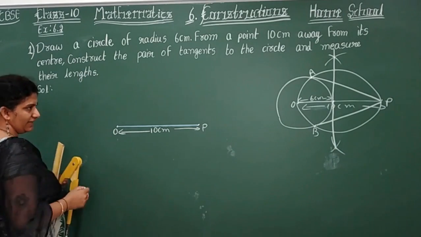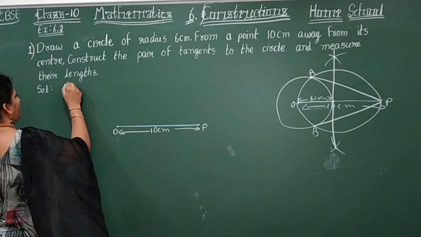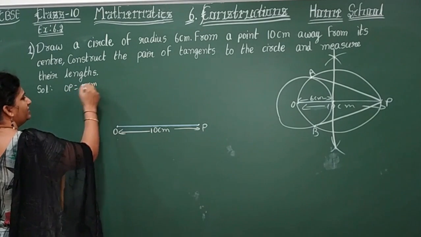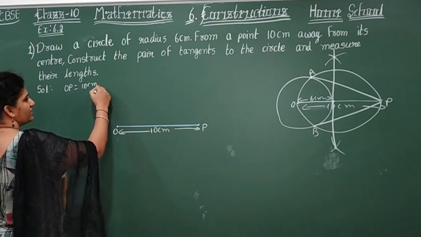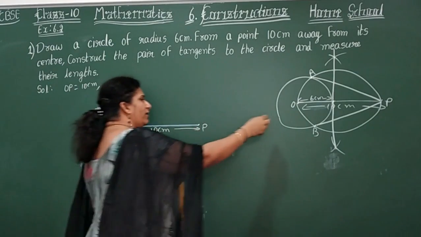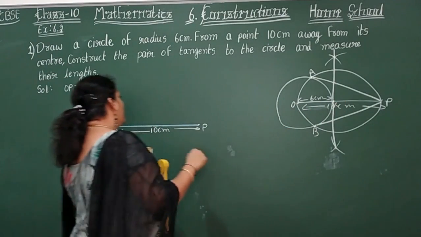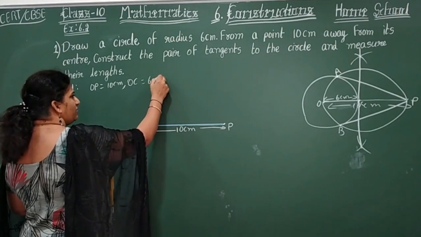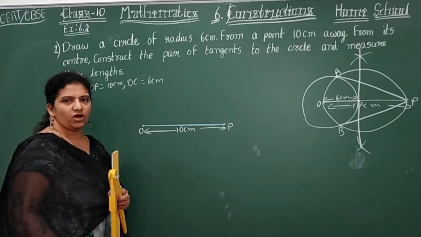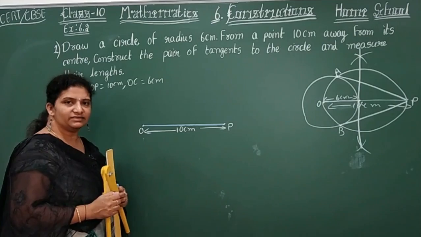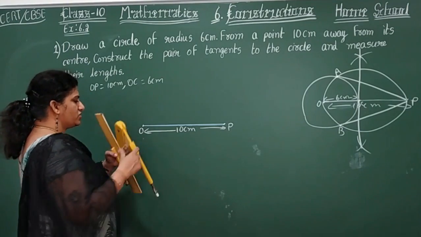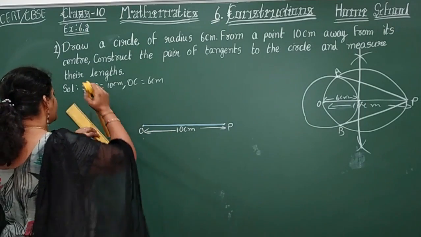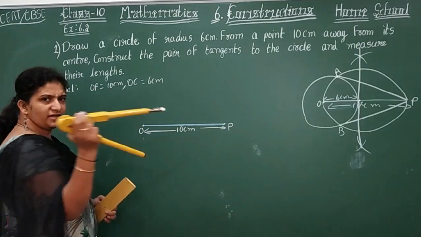Assume O is the center of a circle and OP is equal to 10 centimeters, and the radius of the circle. If you want, you can mark one more letter here. Radius of the circle OC is equal to 6 centimeters, you can say. Okay, so find the tangents is your question. So now measure how much, children, here?